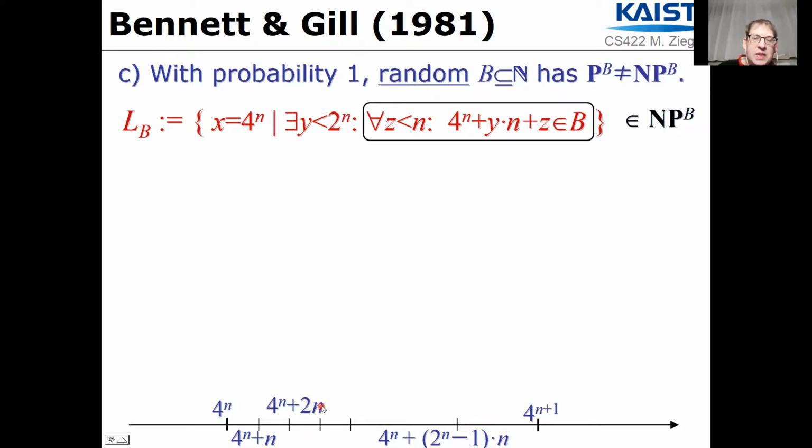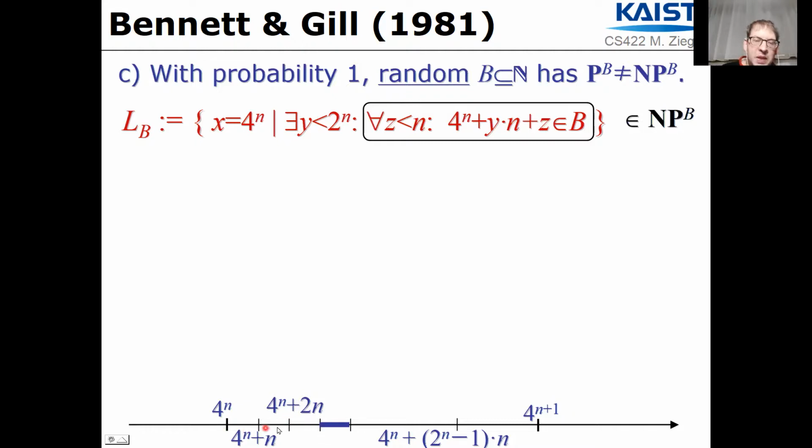Always the next n successive elements are considered here in this black box. And whether these elements are all present determines whether the argument x belongs to the set or not. All these n consecutive elements for some y.